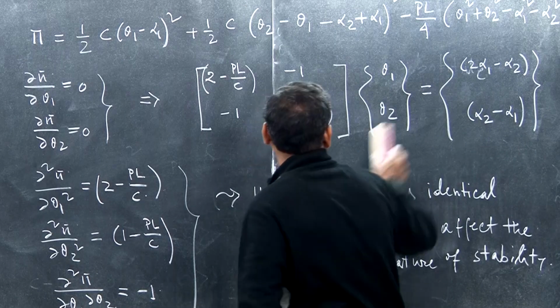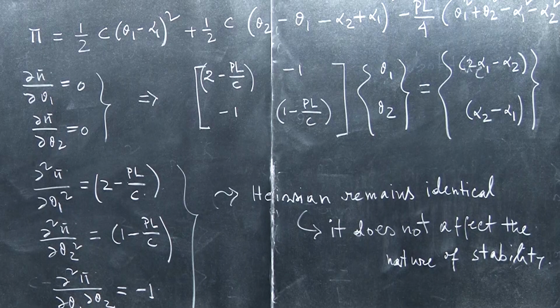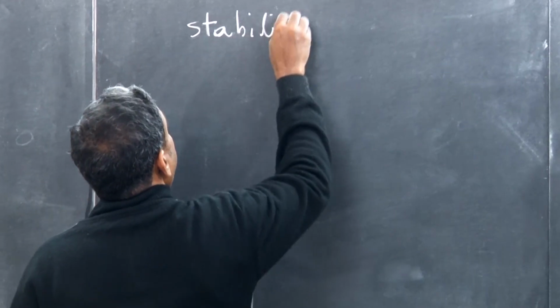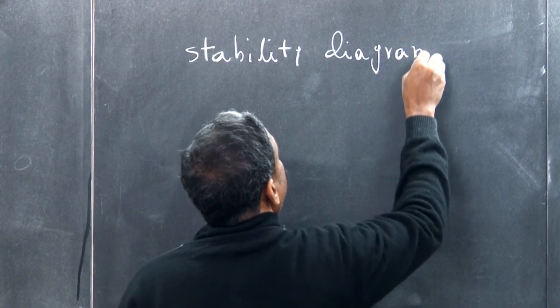Because these are constant terms in the second derivative, here I am going to draw the same diagram with imperfections. I am going to draw the stability diagram.